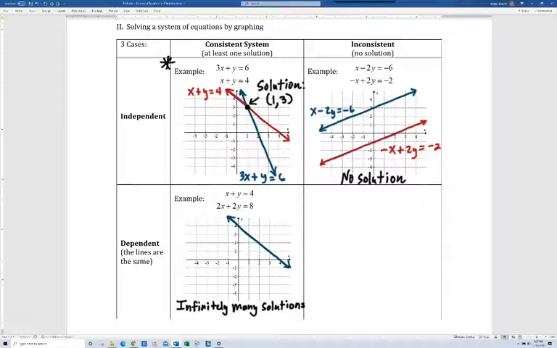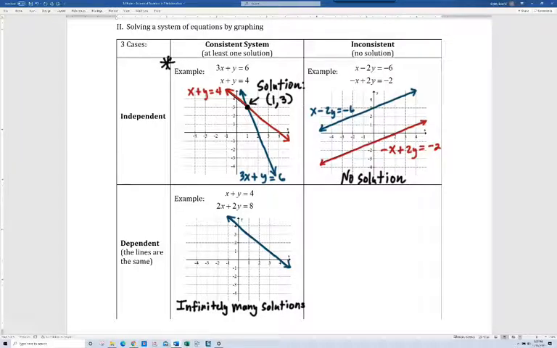Notice it says at least one solution. And so we do have exactly one solution. So the first example is consistent. And then down below it, the same thing is true. If you have infinitely many solutions, then you have at least one solution. And then our inconsistent case is where you have no solution. That's the parallel lines case, and we call that system inconsistent.